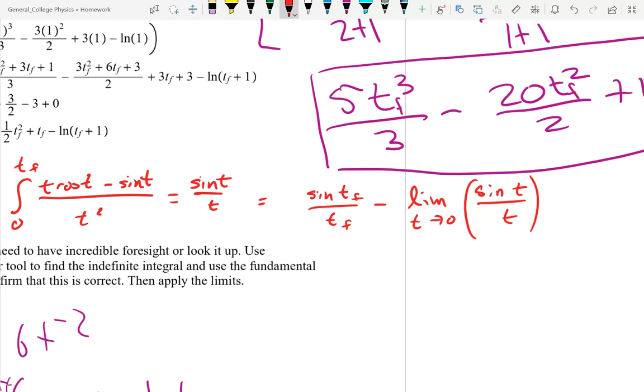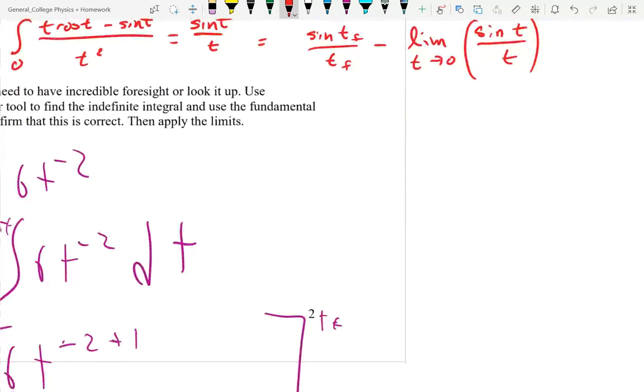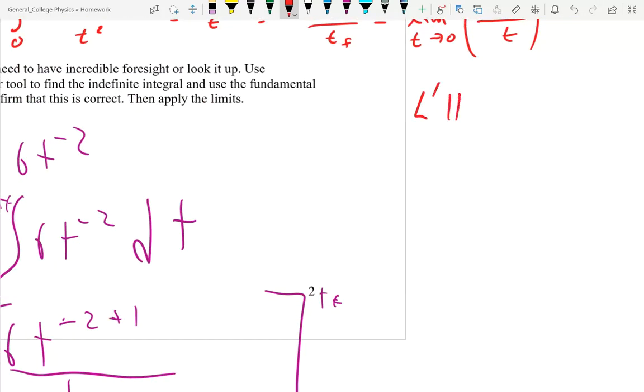So L'Hopital's rule says that the limit as x approaches x0 of... I'm going to use x here just so we don't get things confused.